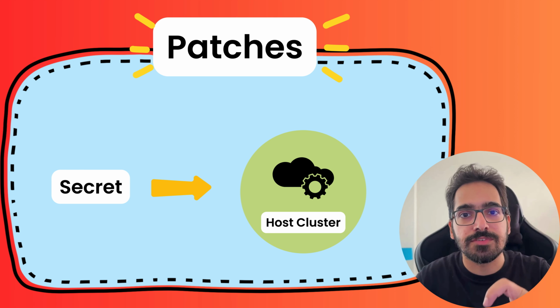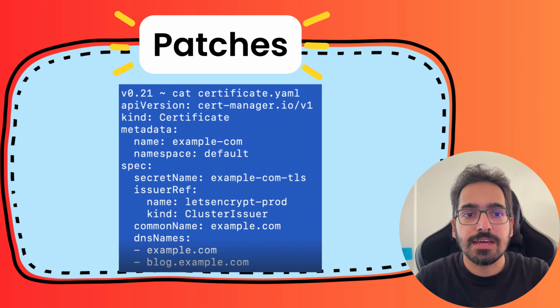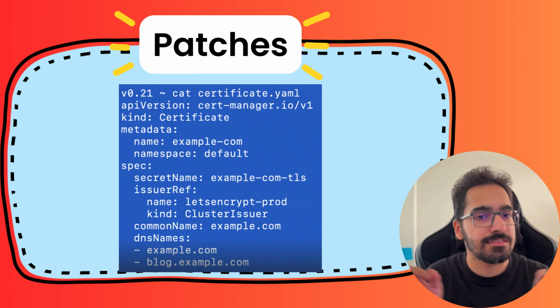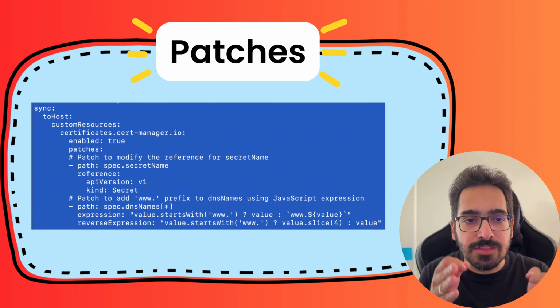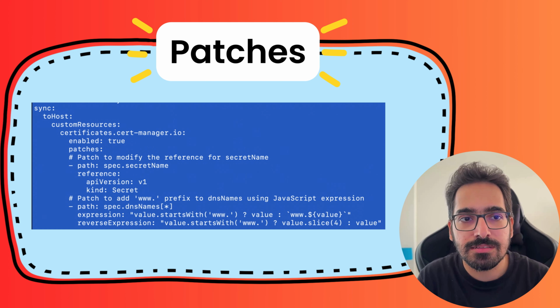But for the vCluster to know that this is referring to a secret that gets created was nowhere to be found. With the new patches, you can have custom resources with certificates enabled, as we just discussed.